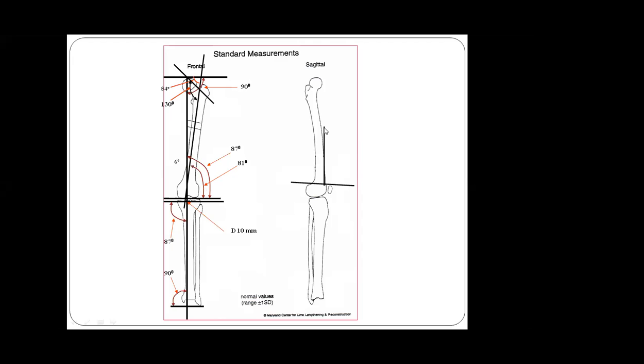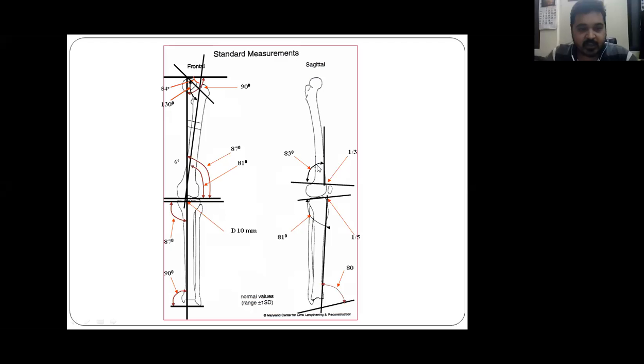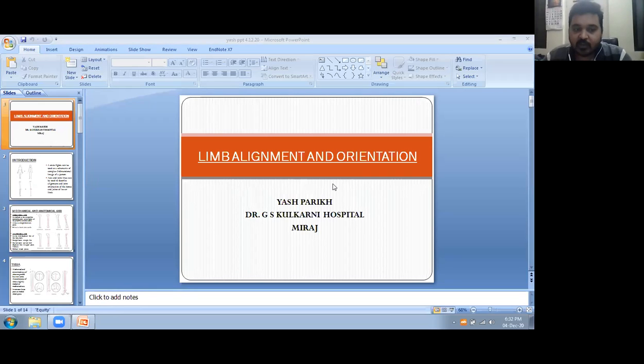Similarly, in the sagittal plane, and according to the anatomical axis. So all these mechanical axis measurements and angles we have to take into consideration while planning for a deformity correction.